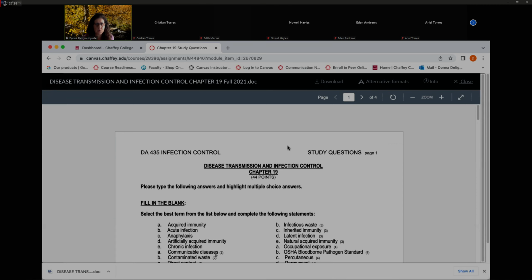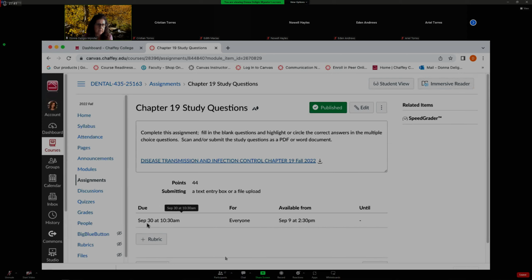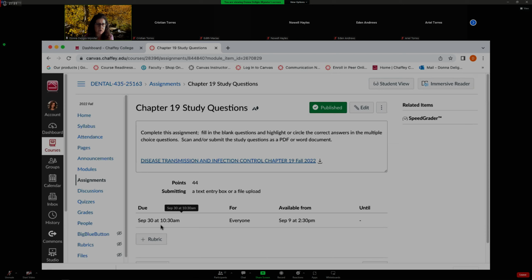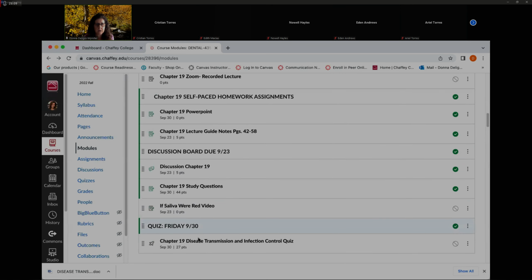Then submit that as either a PDF or a Word doc to me as well. The study questions are due on the 30th, but if you submit them early, I will grade them early for you. I don't have mine set up automatic like other instructors do just yet. I'm in the process, but in the meantime, I'm here to help you. If you submit it early, I'll grade it, so you have more information to study off of. And again, your quiz is on September 30th.